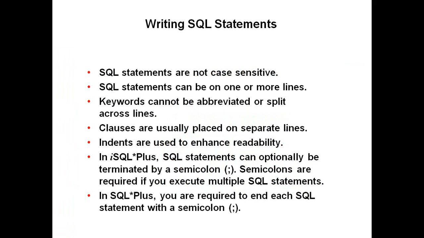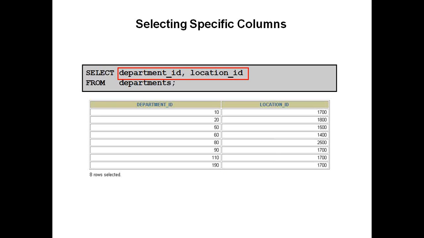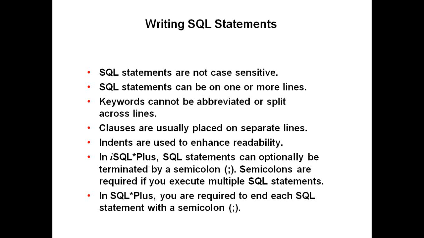The second one is that SQL statements can be on one or more lines. That is what happened in the previous slide: select was written on one line and the from clause was written on another line. So you can spread a statement across multiple lines. But keywords cannot be abbreviated, and they cannot be split across lines.